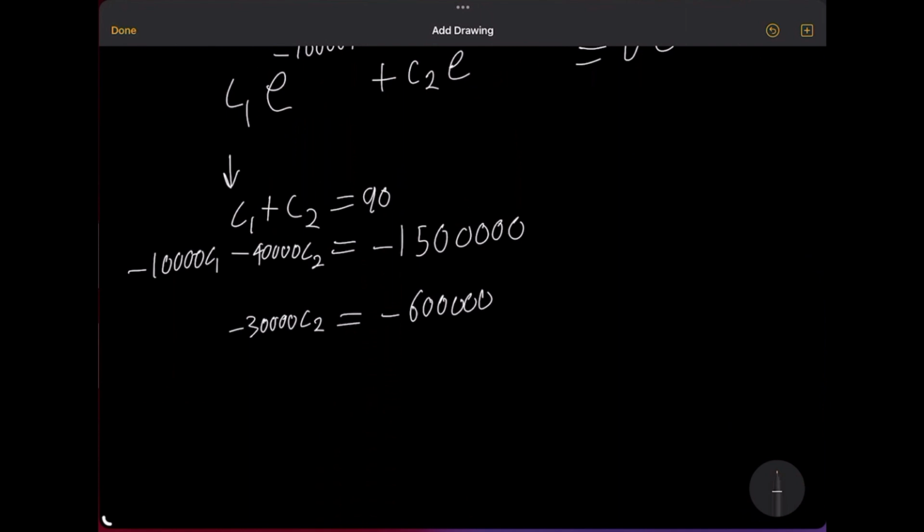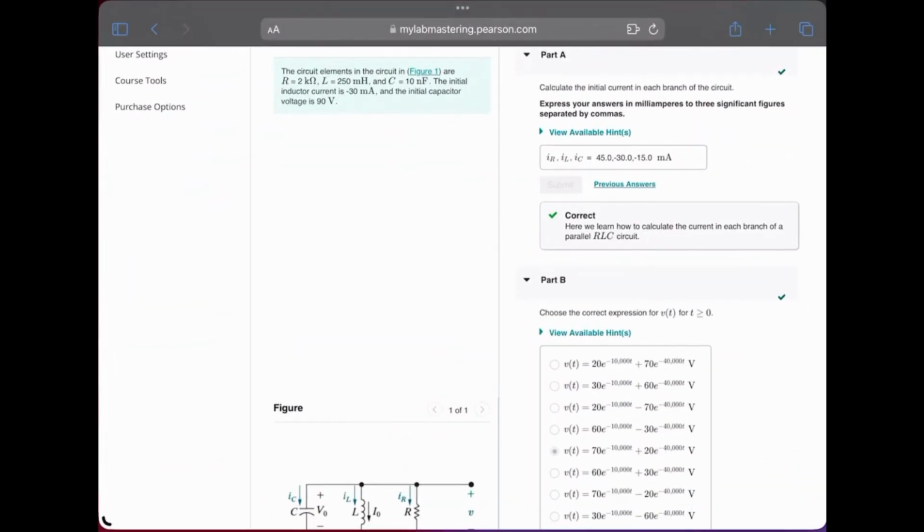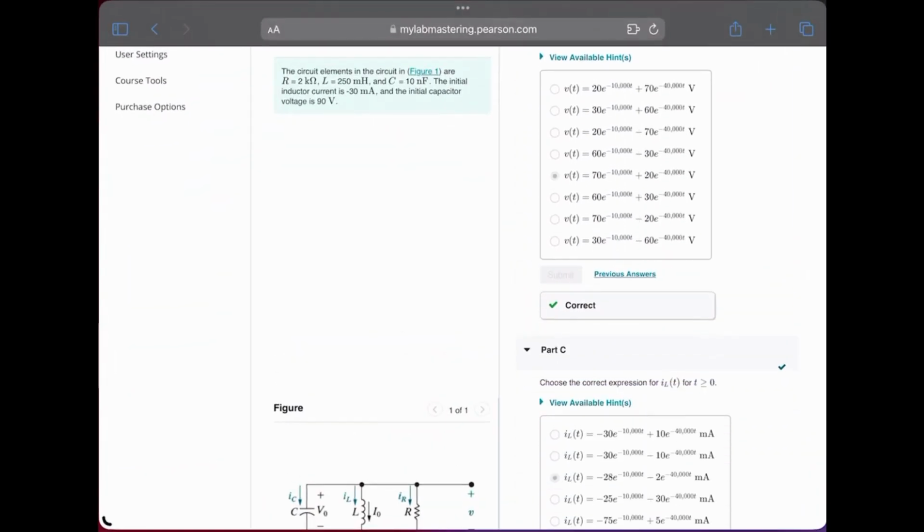And we're going to divide by negative 30,000, and that's going to give us c2, which is 20. And since c2 is 20, subtract that 20 from that 90, and we're going to get c1 is 70. So we know our c1 and c2 now. c1 is 70, c2 is 20. That gives us our answer.